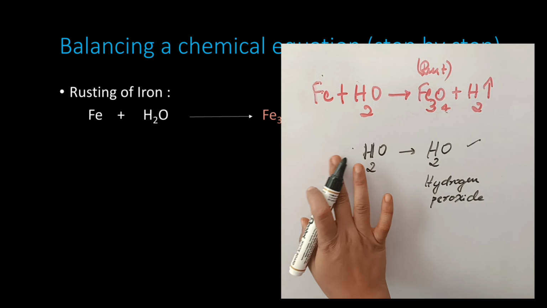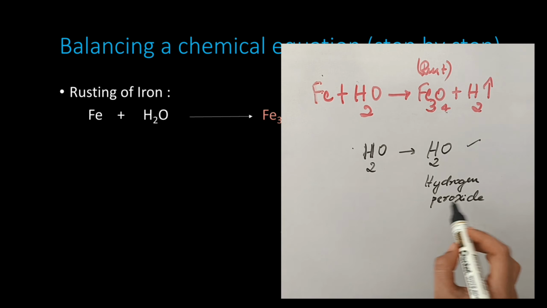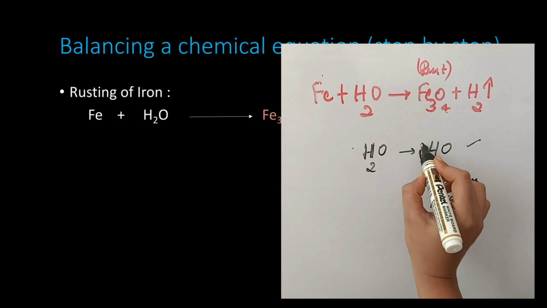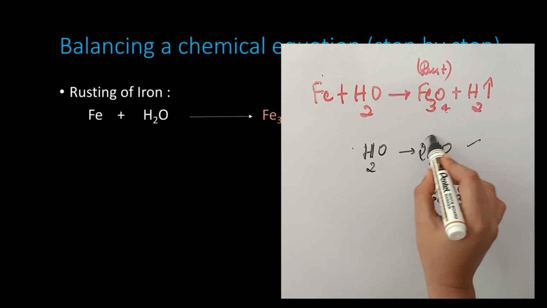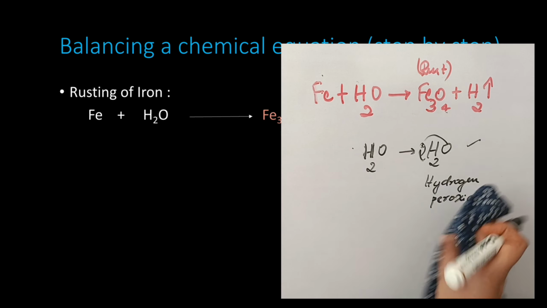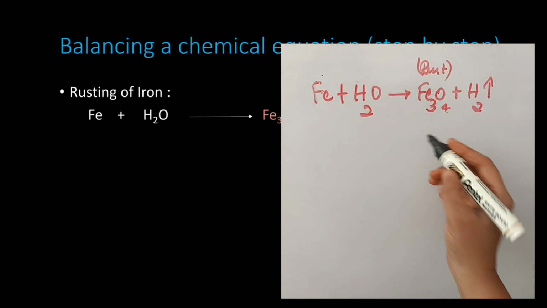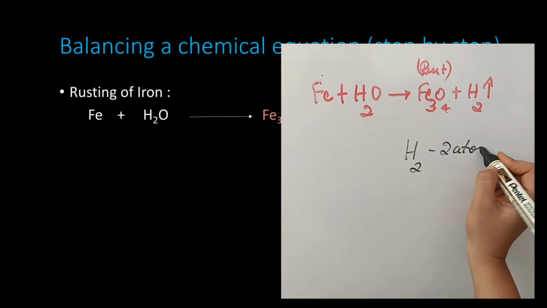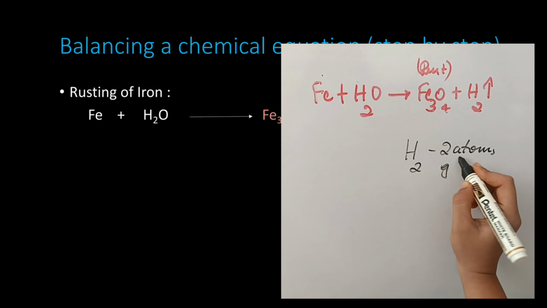So when you want to add any number of atoms, you should only use the coefficient place. You can add 2 here. Now it becomes 2 H2O. People misunderstand that. See, now we have 2 here. It means 2 atoms of hydrogen.